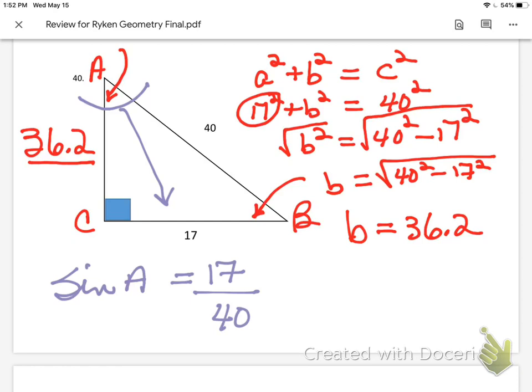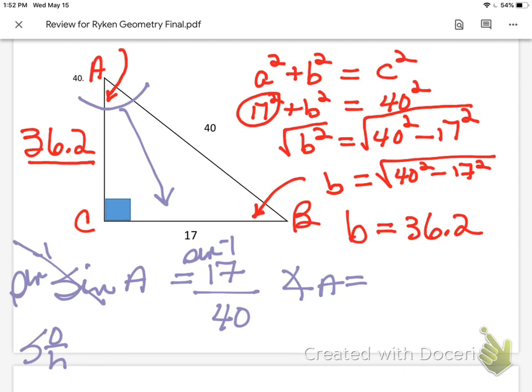How do I know that? Because I know that sine is the SOH of the SOHCAHTOA phrase. I don't want the ratio, I want the angle back. So take the sine negative 1 of both sides. That cancels. My angle A will equal sine negative 1 of the fraction 17 over 40.